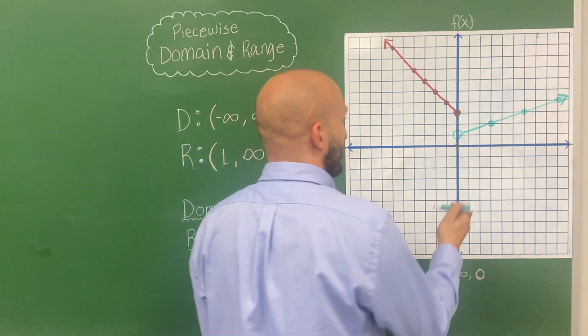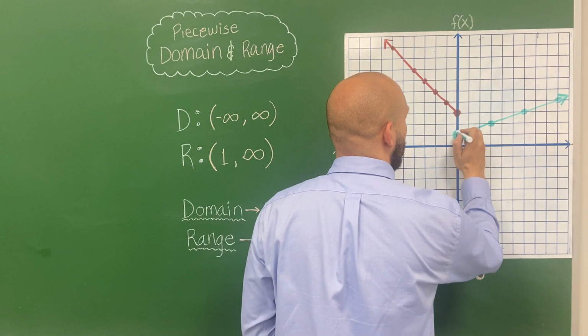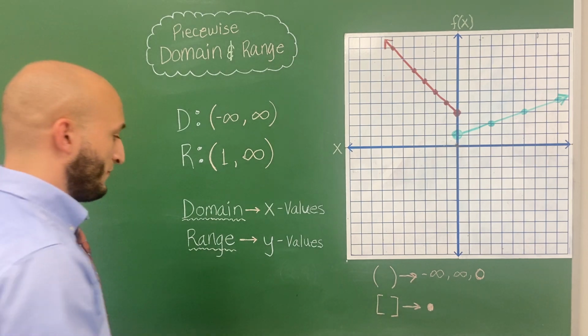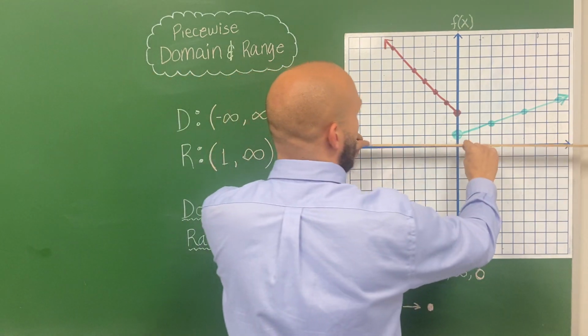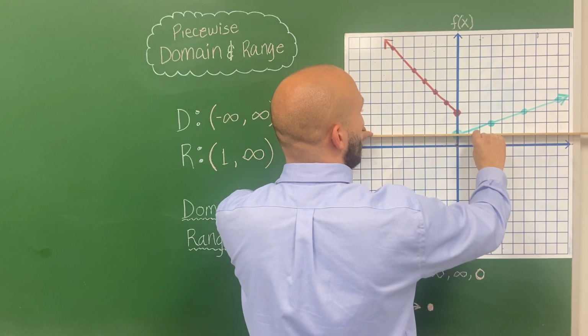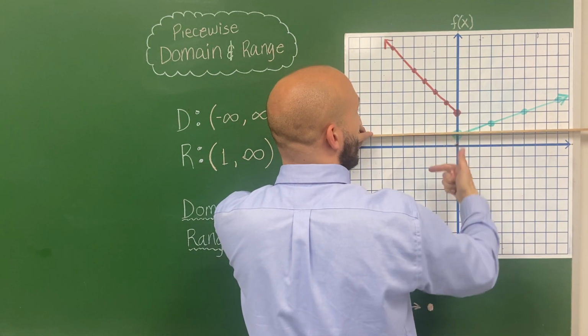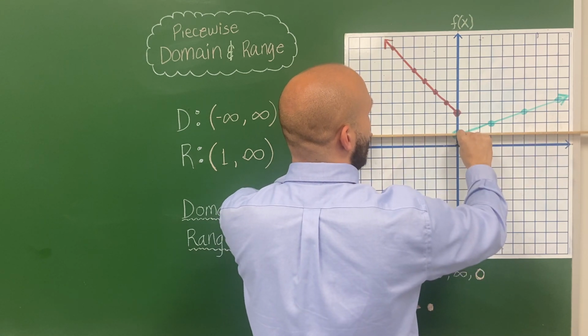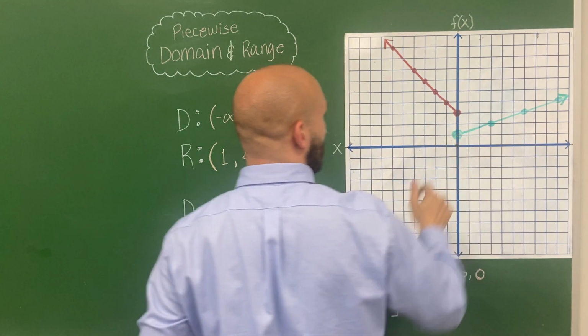If this dot was a solid dot, I would still begin here at y equals 1, start seeing my graph. I wouldn't see any graph down here. But as soon as I get here, I start seeing graph. But that's a closed dot.